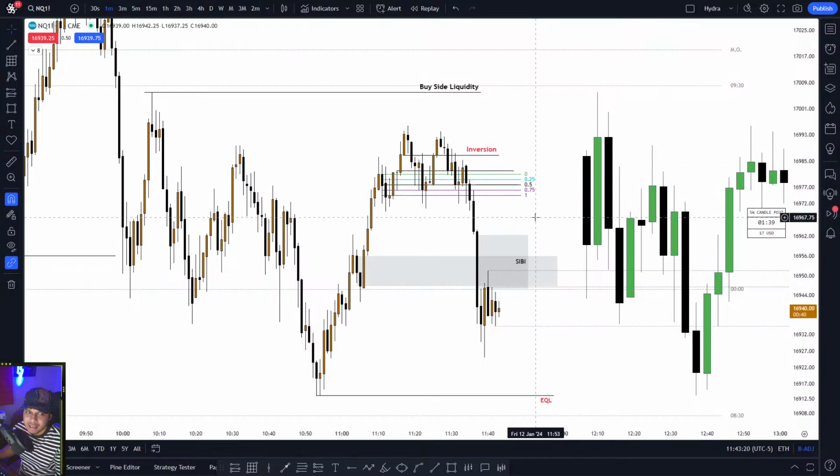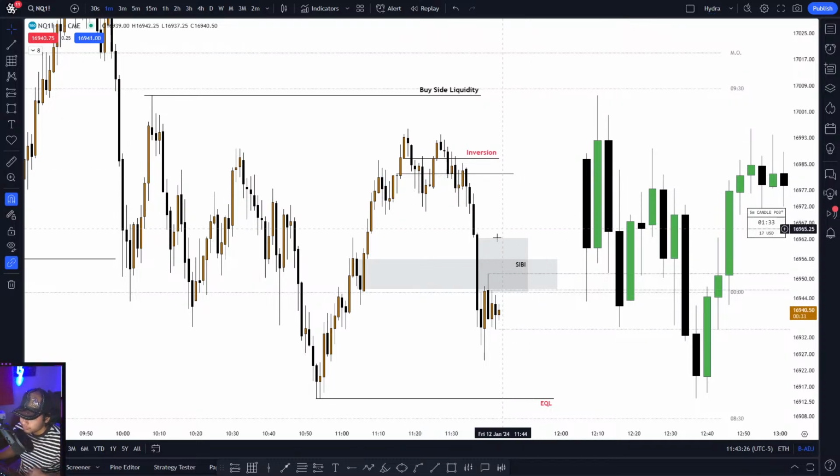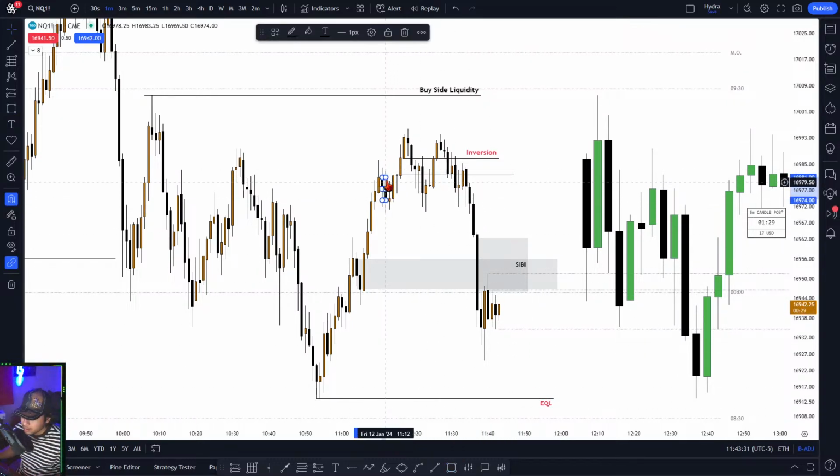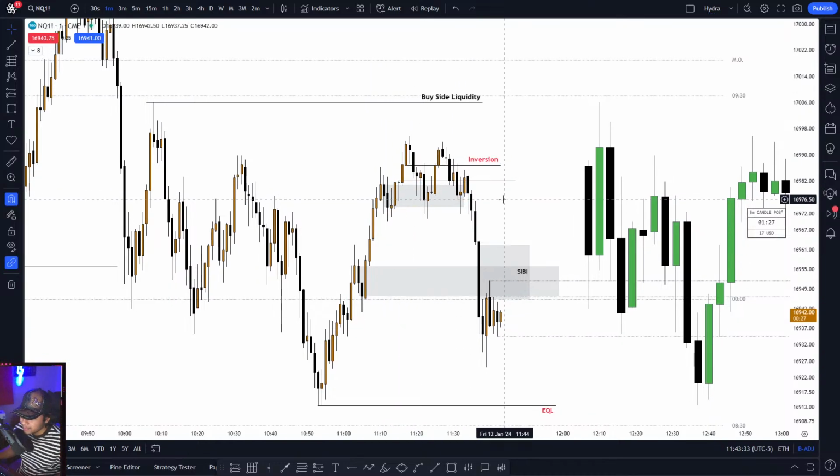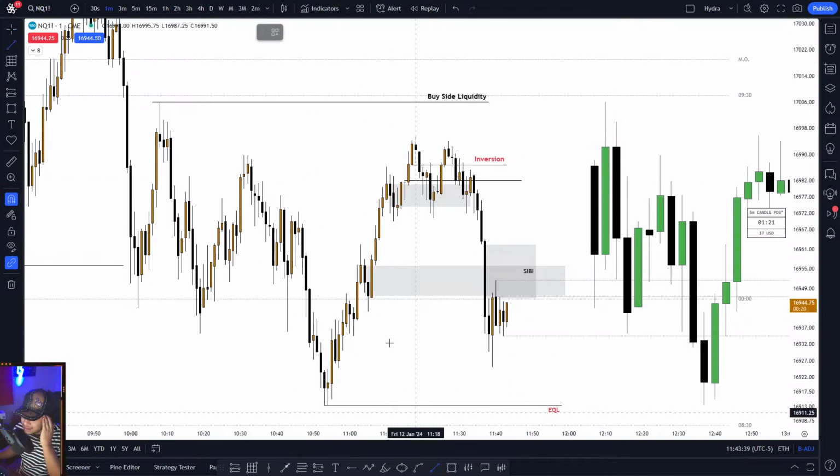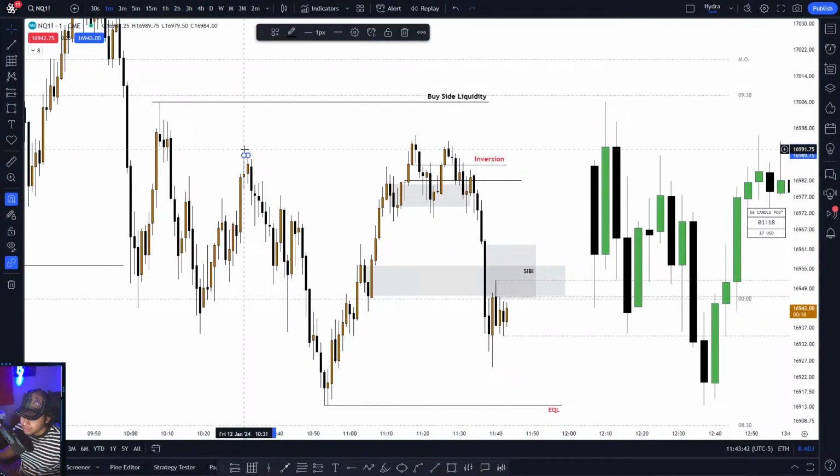So when price does that with a breaker, I just don't hold that trade. That was the second PDA, and I was expecting it to get filled.